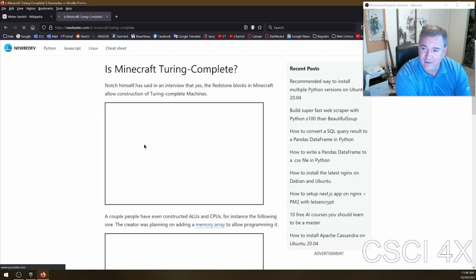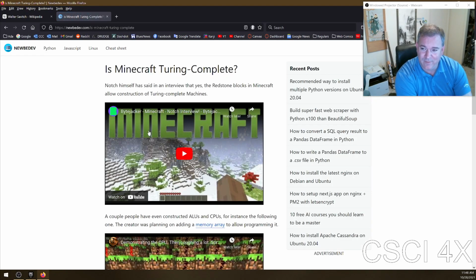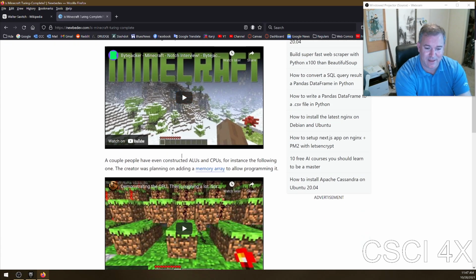So basically, if a machine is Turing complete, that means that any program that you run on any Turing machine could run on Minecraft. So you could build a C++ compiler out of Redstone in Minecraft if you had the time and the will to do so. And people have done ridiculously complicated things like making an ALU, which is the arithmetic logic unit.